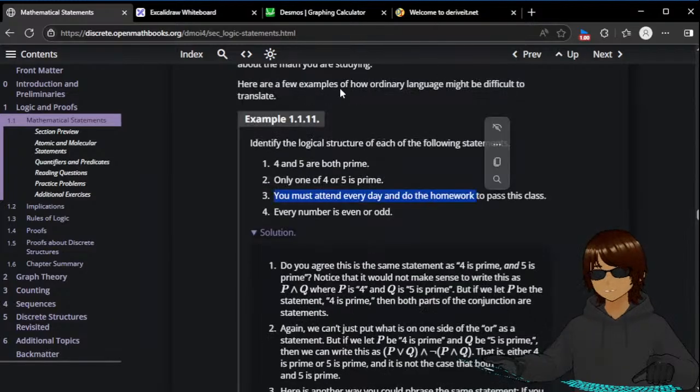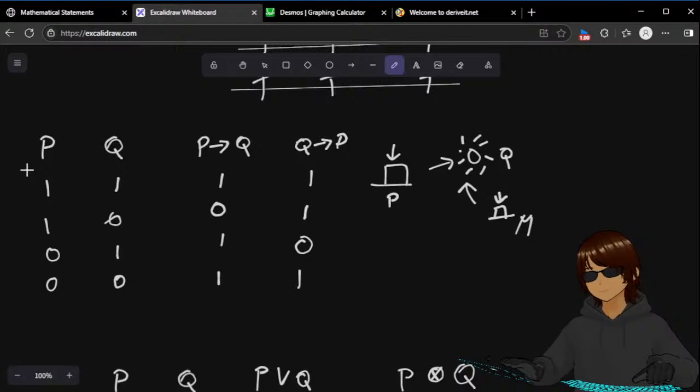This entire statement will be Q. If Q is true, then you pass the class. This is false. This cannot happen. But this is true.